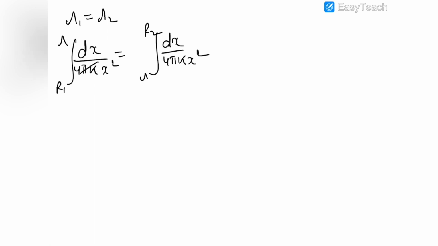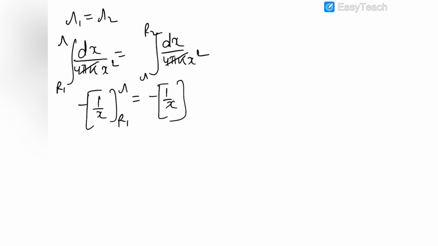So cancelling 4 pi k with 4 pi k, the integration of 1 upon x square will be minus 1 upon x, with limit from R1 to r, and on the other side minus 1 upon x, with limit from r to R2.